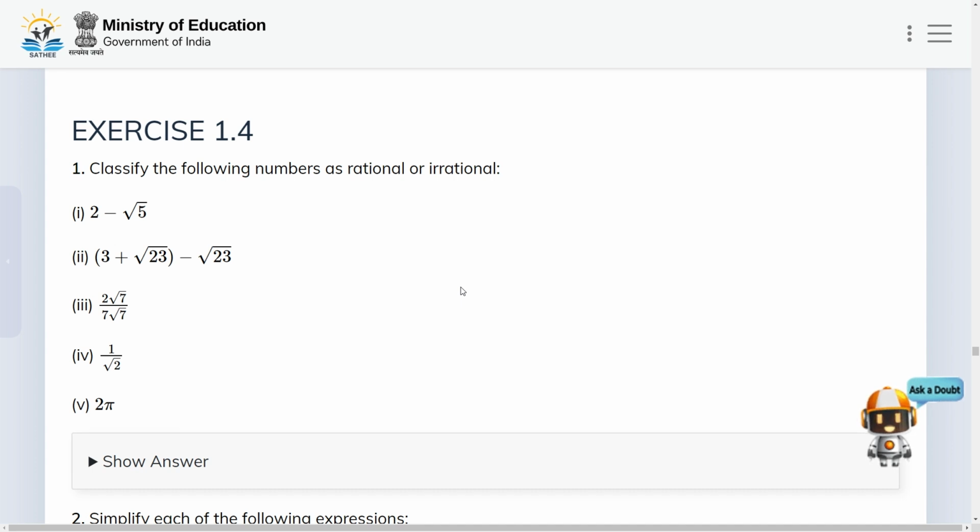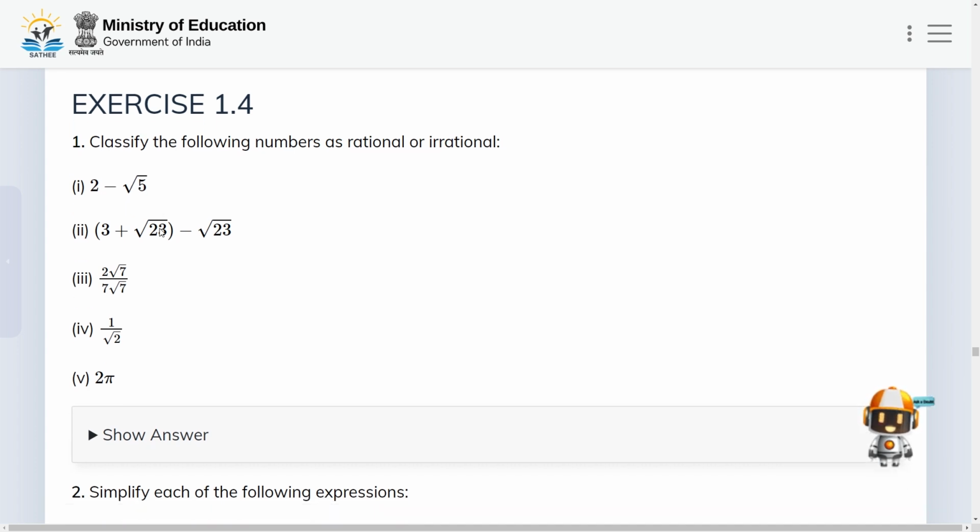In question number 1, we have to classify the following numbers as rational or irrational. In the first one we have 2 minus root 5. So what type of number is this?